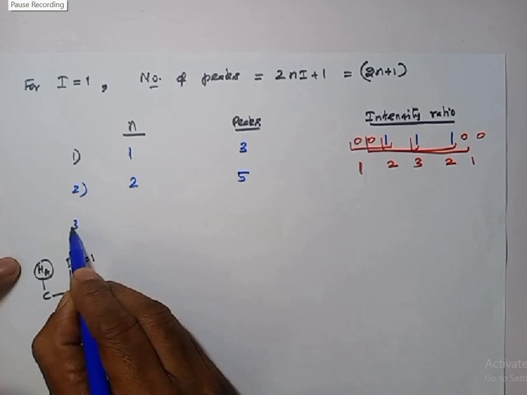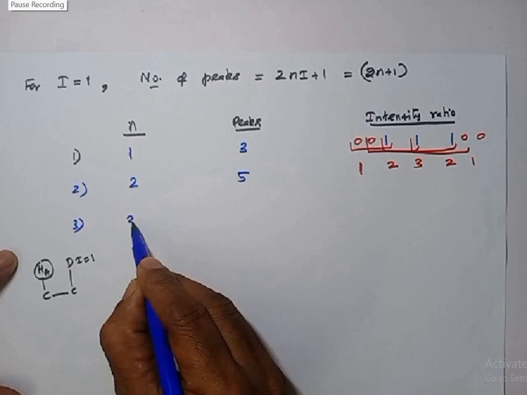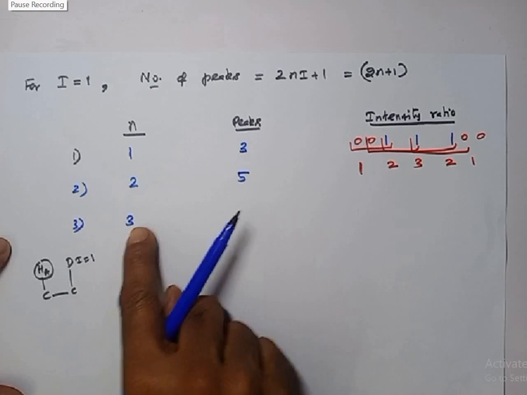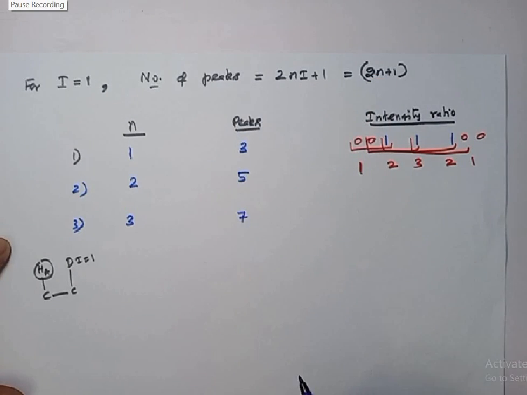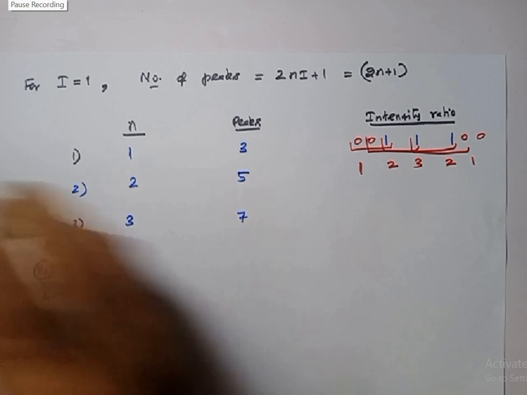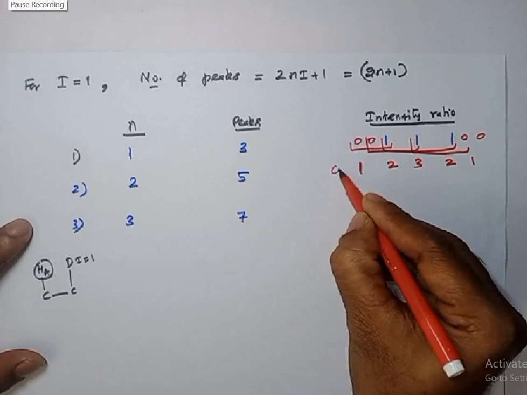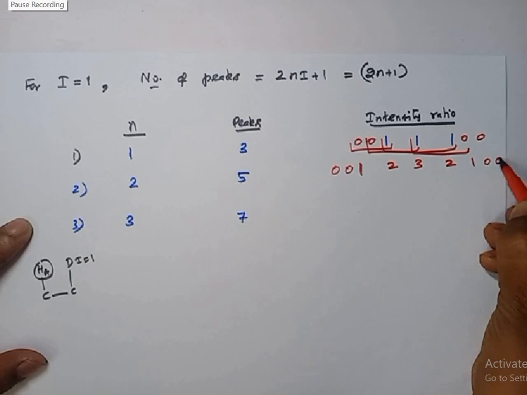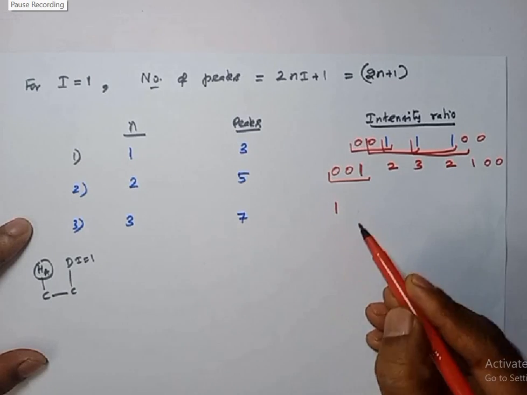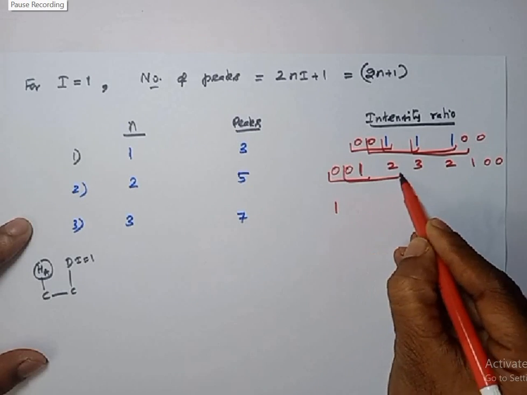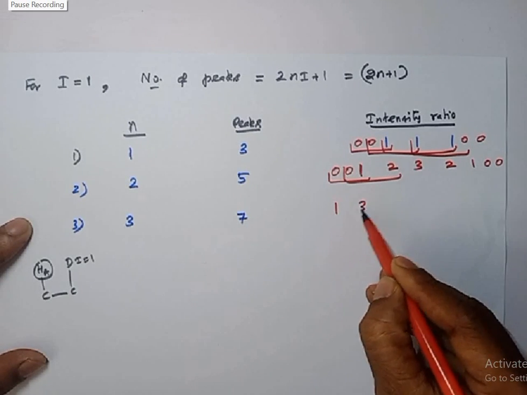Okay, now let me write one more so that you can easily understand. Suppose n is equal to 3, put 3 here. 3 into 2, 6, 6 plus 1, 7, so you will get 7 peaks. What is the intensity ratio of those 7 peaks? Very simple. Add 2 zeros on both sides: 0, 0, 1, 2, 1, 0, 0. Then add 3 numbers at a time. First 3 numbers, 0 plus 0 plus 1, 1. The next 3 numbers, 0 plus 1 plus 2 is 3.